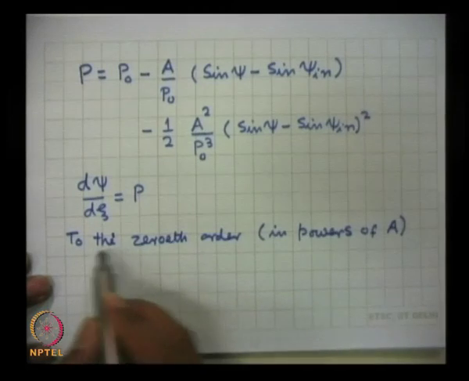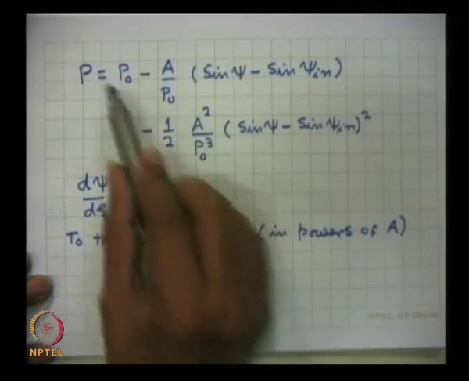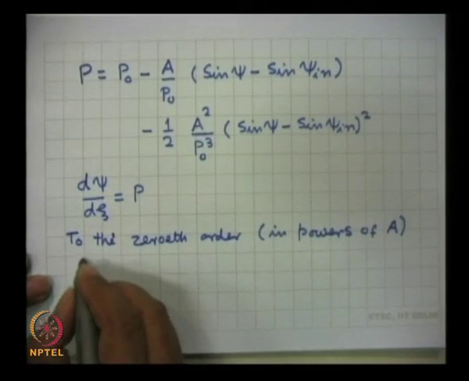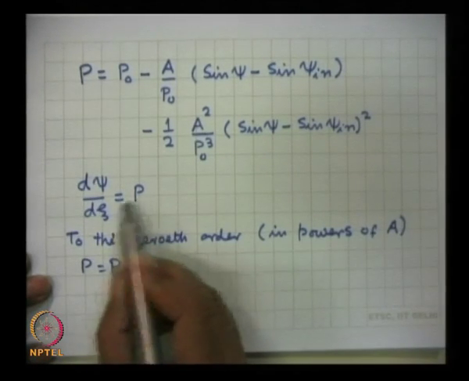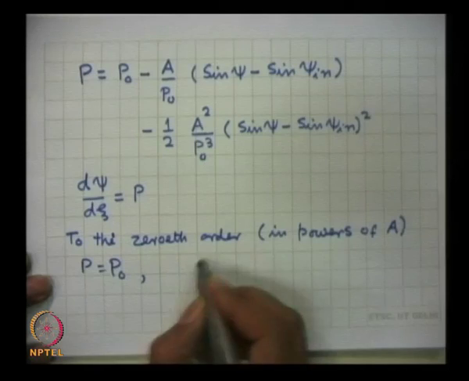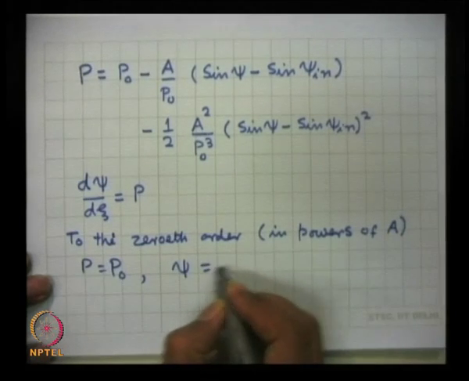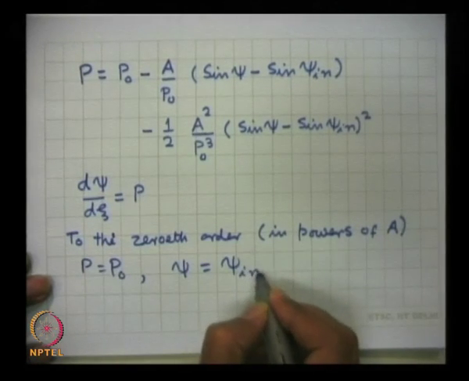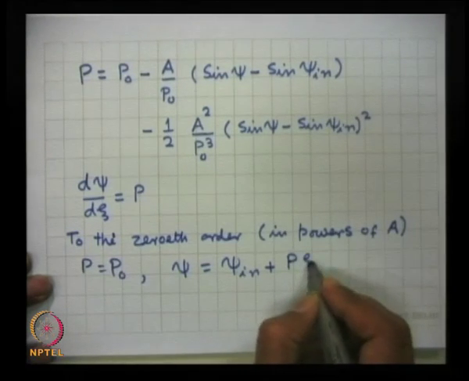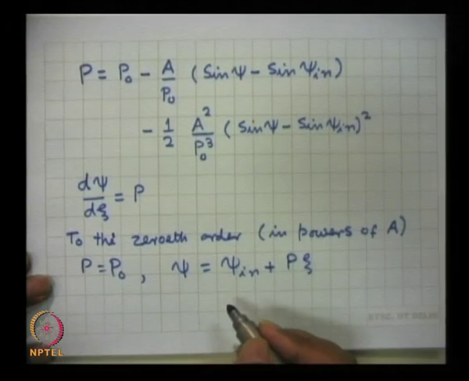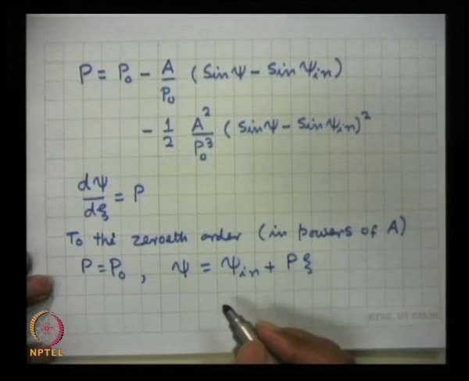So, if the ponderomotive force is not there, if A is 0, then P equal to P0, and if I use this P equal to P0, then you can integrate this equation to obtain psi is equal to psi in plus P0 times xi. This is what you will get.